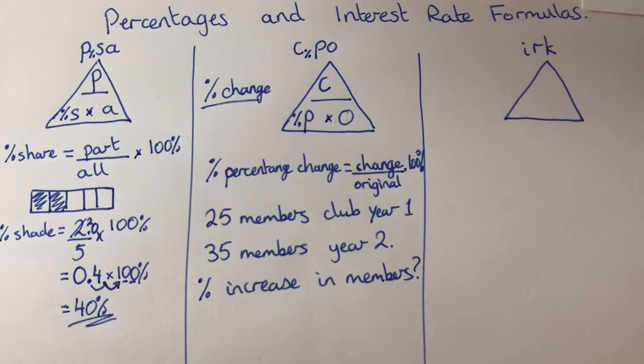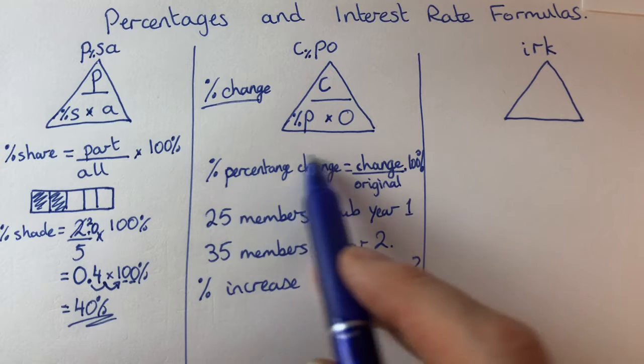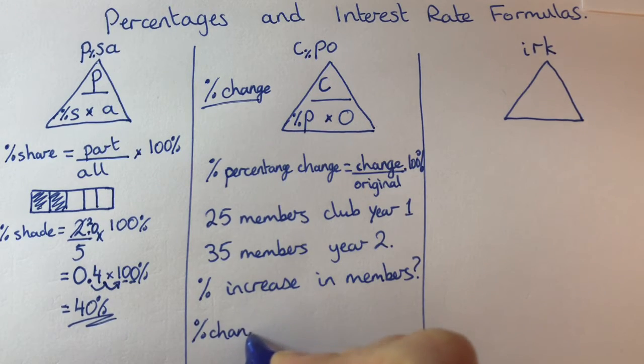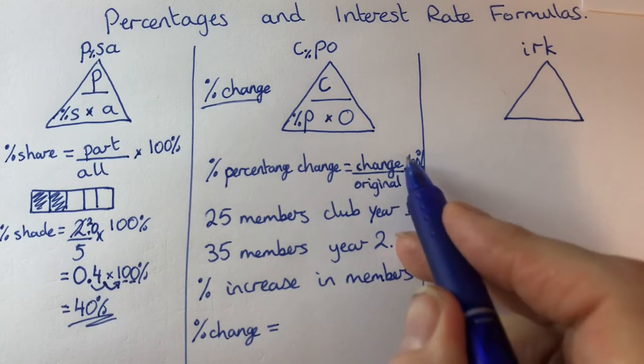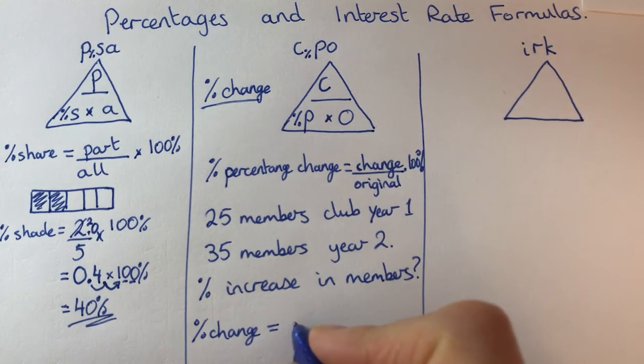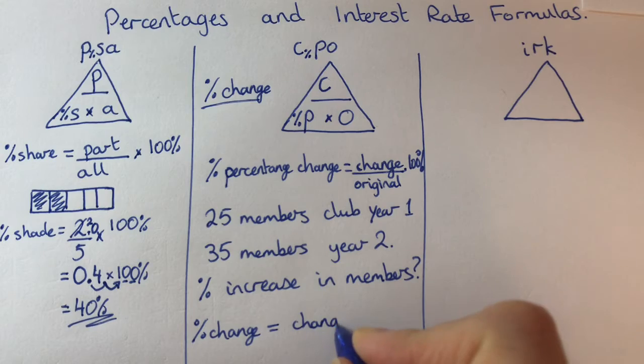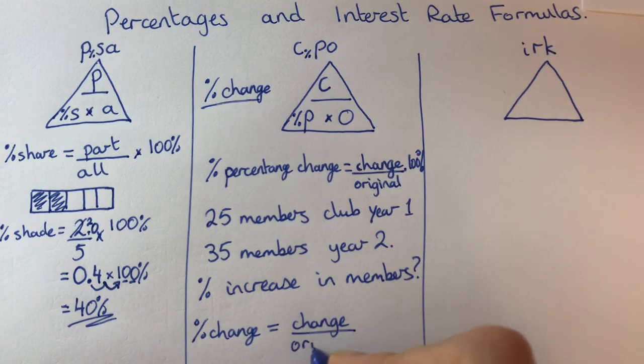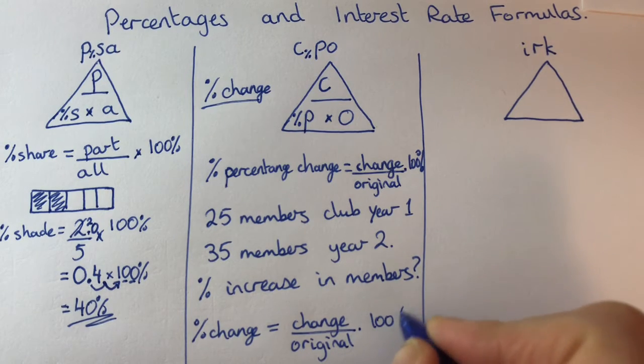So here we have a typical formula for using percentage change. We have our formula here, the percentage change, so we can write here, percentage change is going to be the change in members divided by the original number of members times 100%.